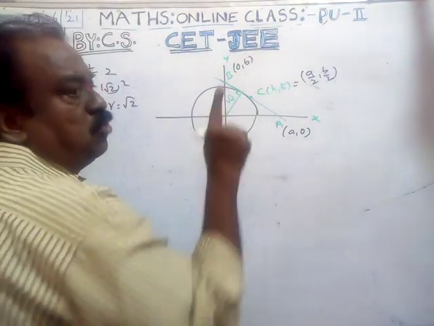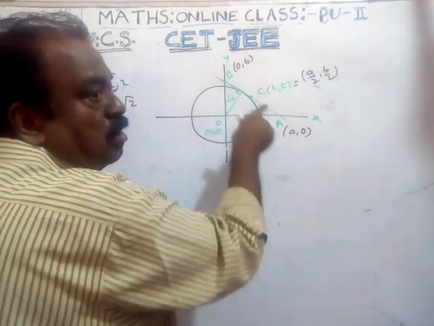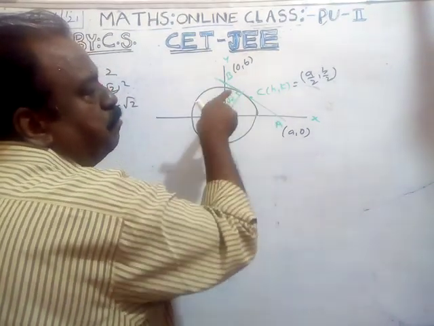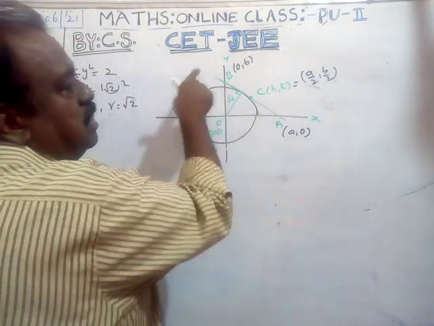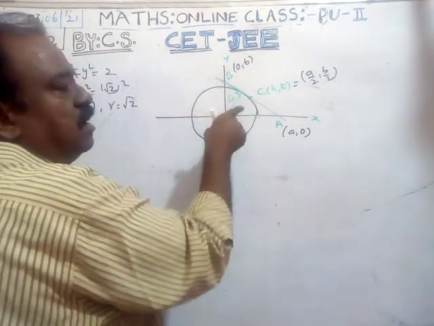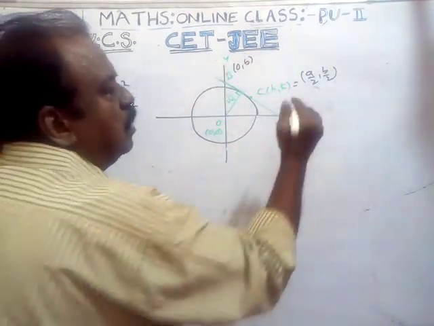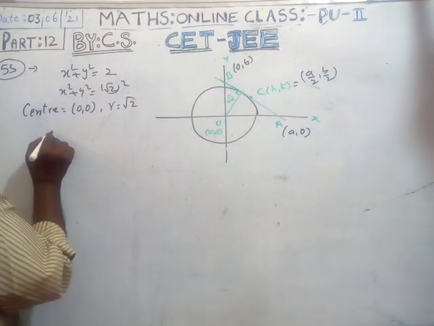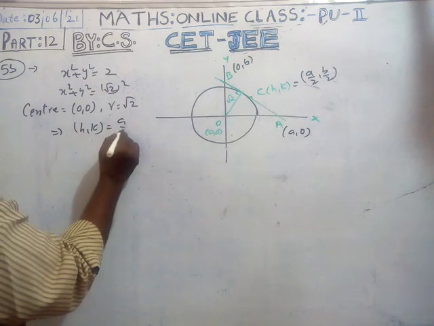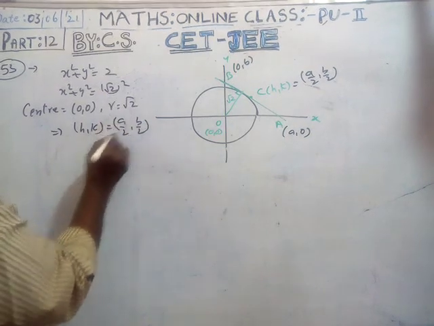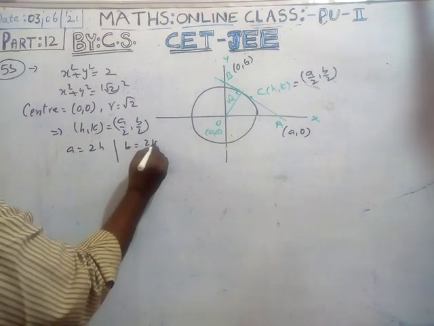We are assuming h, k is the point for which we are finding the equation of the locus, that is the midpoint of AB. It is formed by a tangent at some point on the circle that cuts the x-axis at A and the y-axis at B. Here h, k is equal to A by 2, B by 2. So A is equal to 2h, B is equal to 2k.